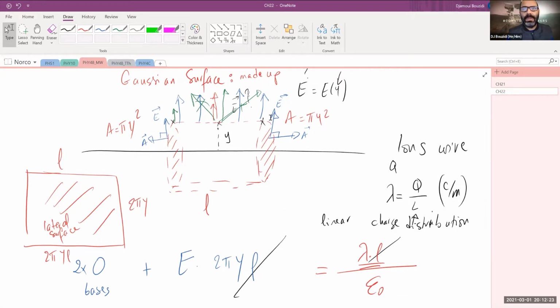The bases would not contribute because of the fact that we just argued that the electric field must be pointing away, again to retain this symmetry, because if you argue one direction, I can rotate, spin the entire wire while you're not paying attention, and tell you, did anything change?